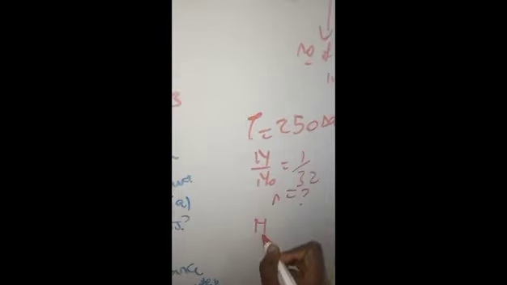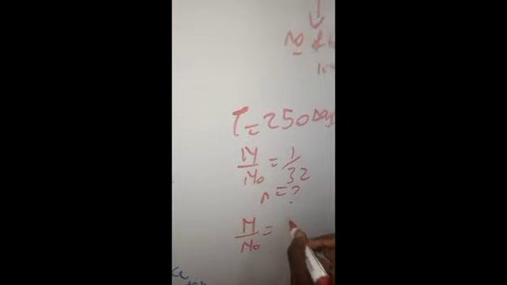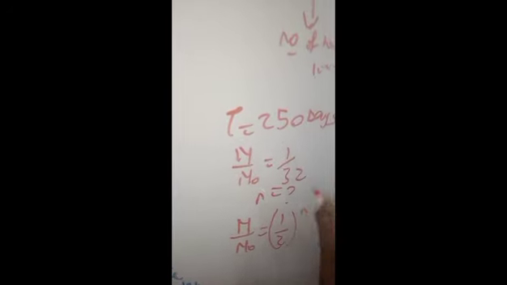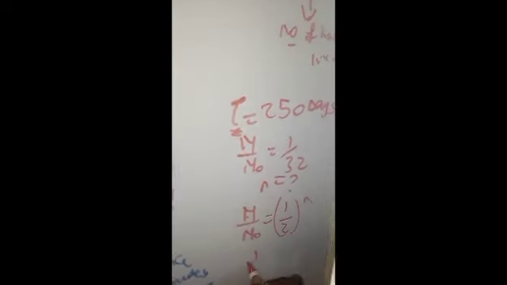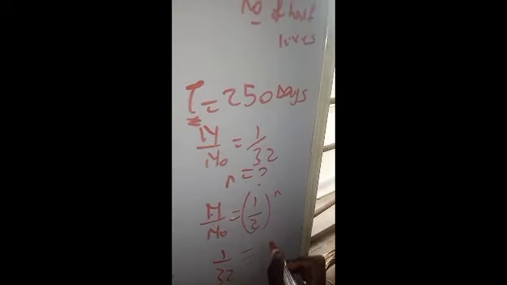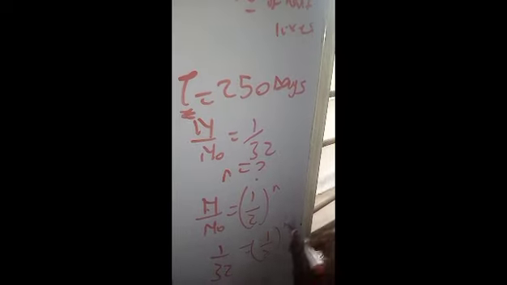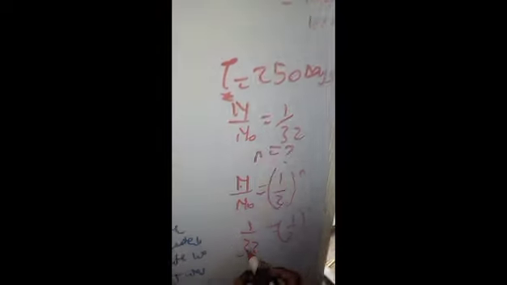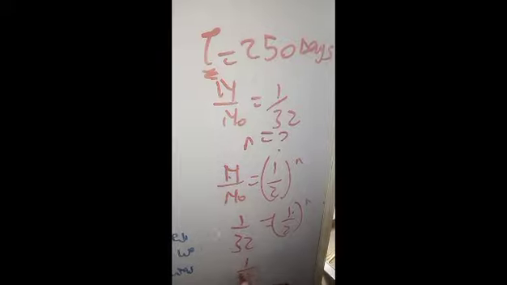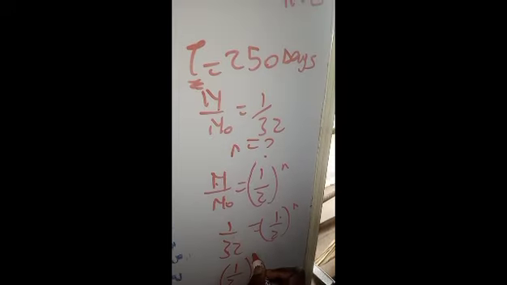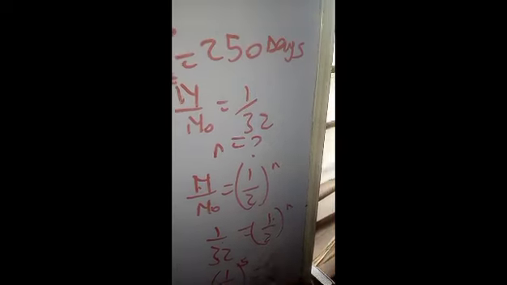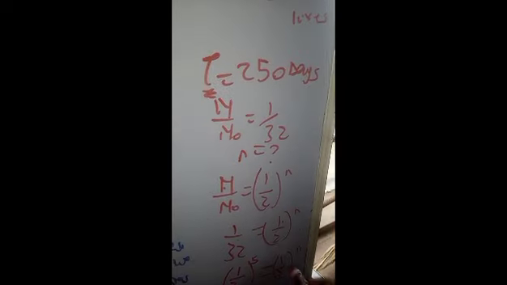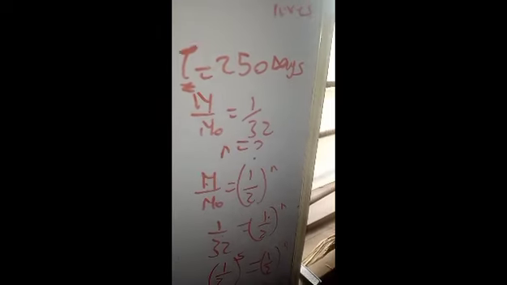You have N over N naught is equal to 1 over 2 raised to power n. You actually don't need the 250 days. What's your N over N naught? 1 over 32 is equal to 1 over 2 raised to power n. Just simplify this: 1 over 2 raised to power 5 is the same thing as 1 over 32, so just equate it. n is equal to 5. So this is your number of half-lives. You have 5 half-lives.